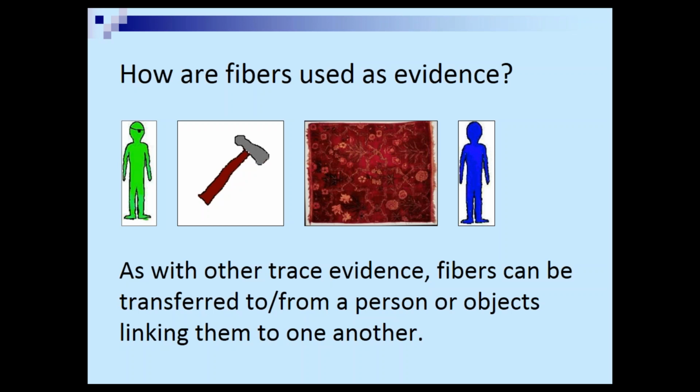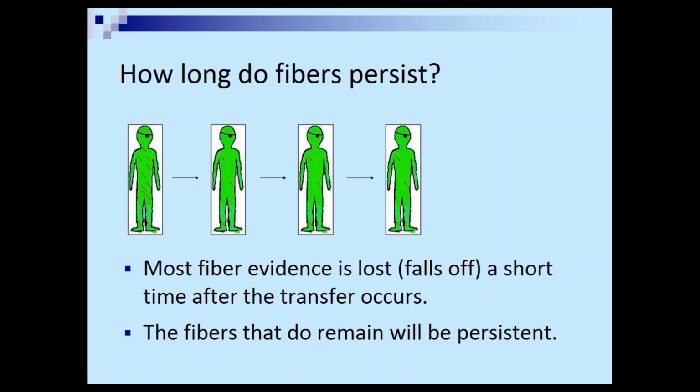Also, when it says significant persistence, fibers tend to get trapped in other fabrics. In other words, if somebody comes in here and murders me, and I'm wearing these clothes, and they throw me in the trunk of their car, which has sort of loose carpet in it, or really any carpet in cars is pretty cheap, and then they dump my body in the woods, what's going to happen is when they take my body out and carry it through the woods to find a good location, I'm going to come out of the trunk with a lot of fibers on my clothing.